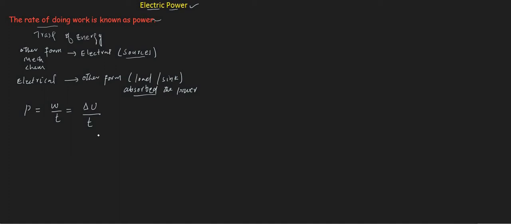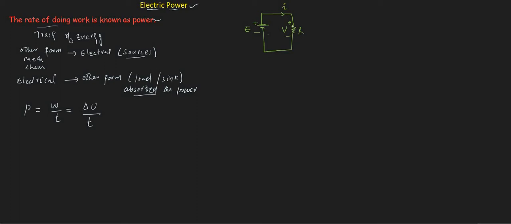To understand electrical power in more detail, let's consider a simple circuit in which a resistor is connected across the terminals of a battery, and the conventional current flows from the positive terminal of the battery towards the negative terminal and passes through this resistor. As a result of this current, there must be a voltage drop across this resistor.